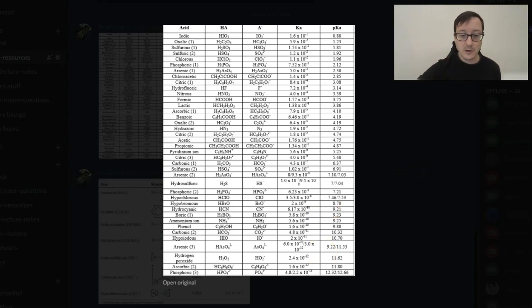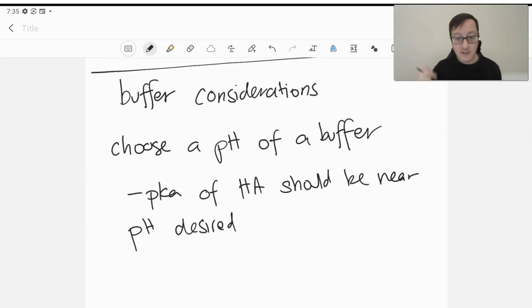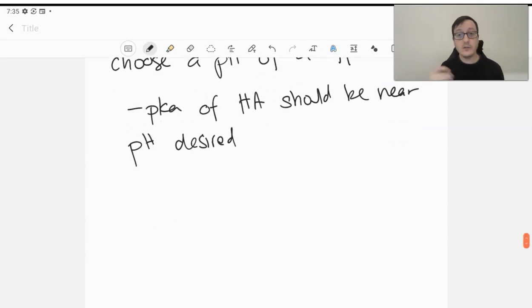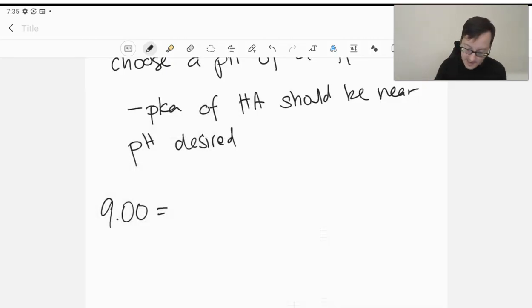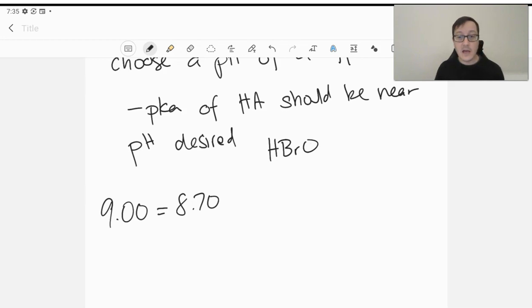And once we do so, switching back to the tablet here, you can calculate the pH of choice by saying, I want a pH of 9, and I'm going to use hypobromous acid. Why not? Hypobromous acid has a pKa of 8.7.